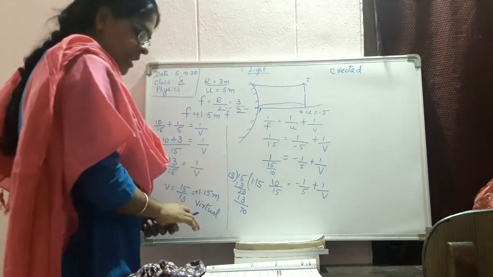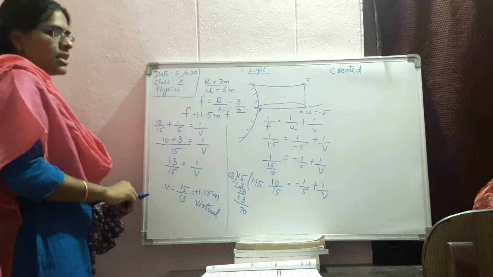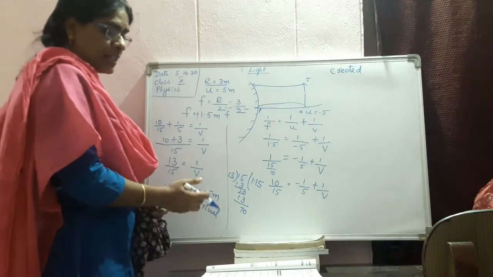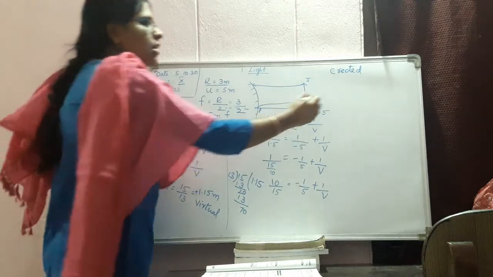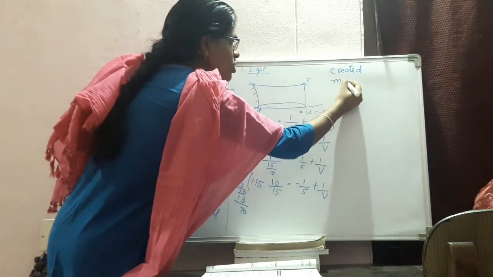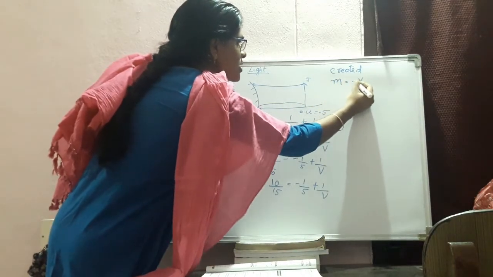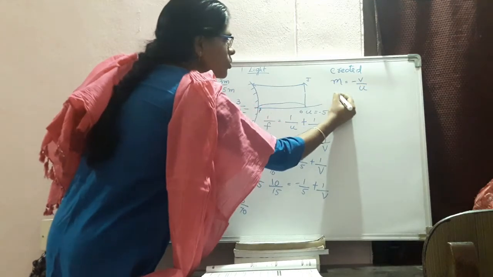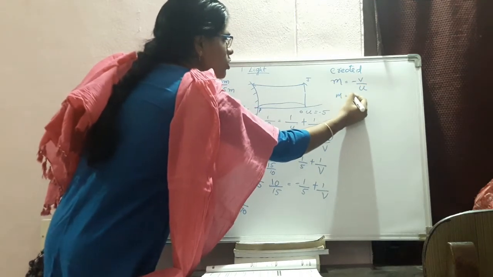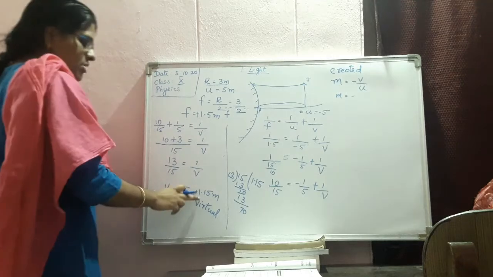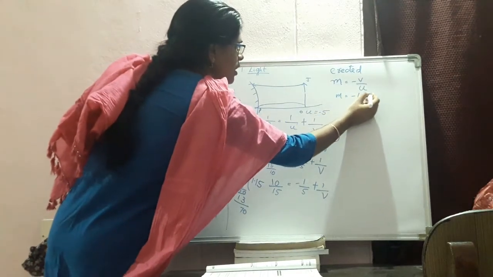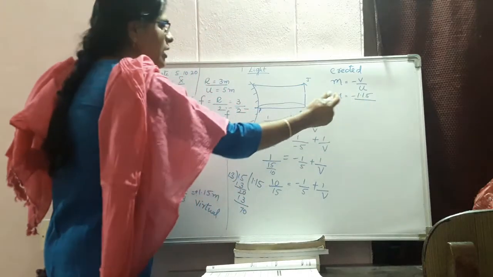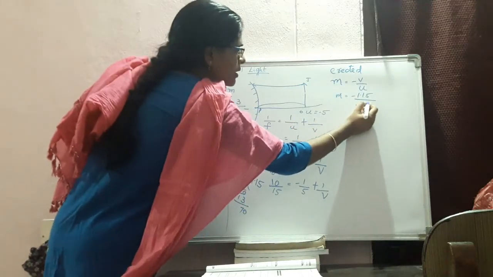Next, he is asking you to find the nature and size of the image. Now, magnification equal to minus v by u. M equal to minus, how much is the value of v? 1.15 by u, which is minus 5.